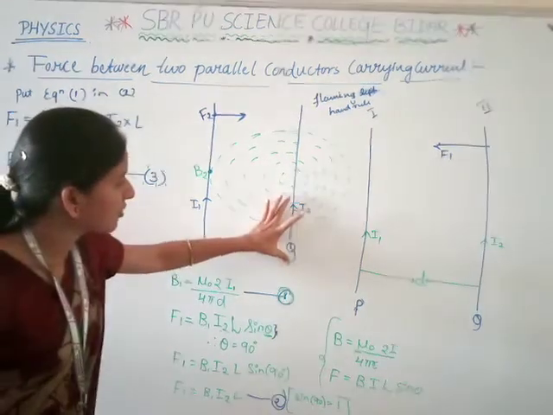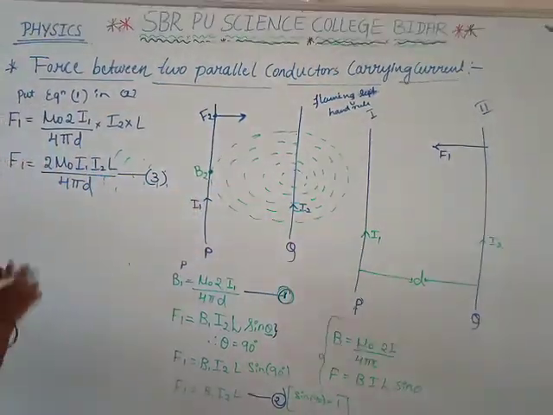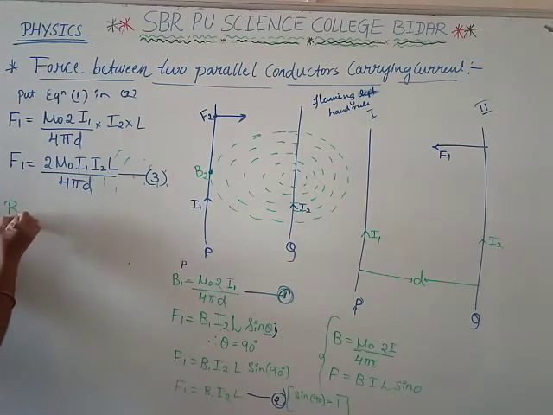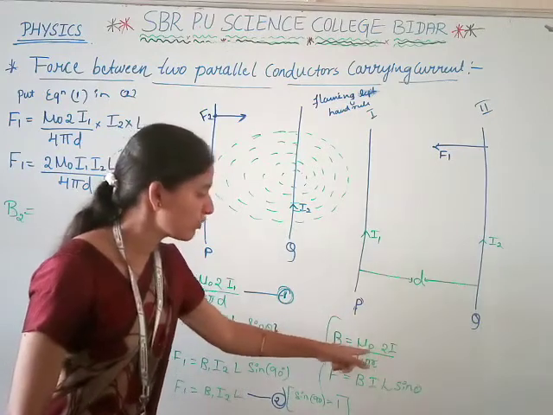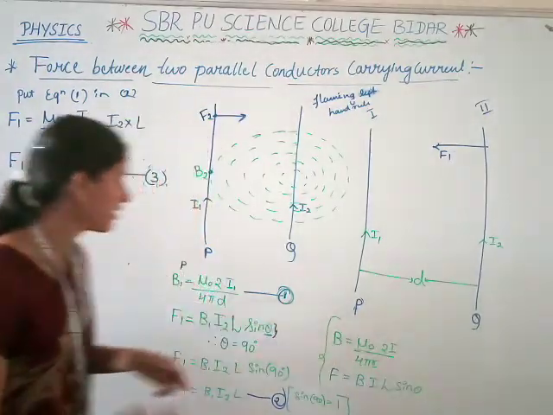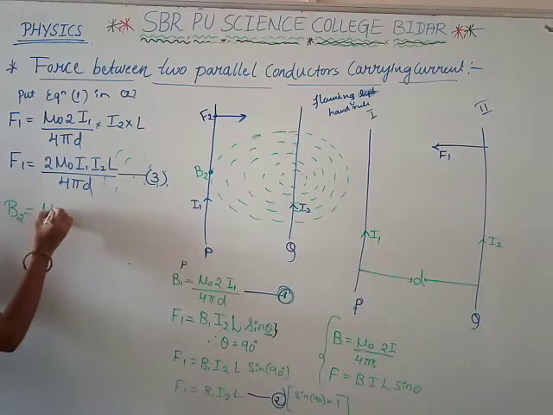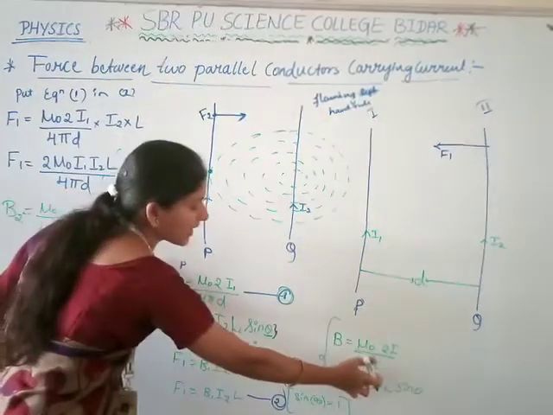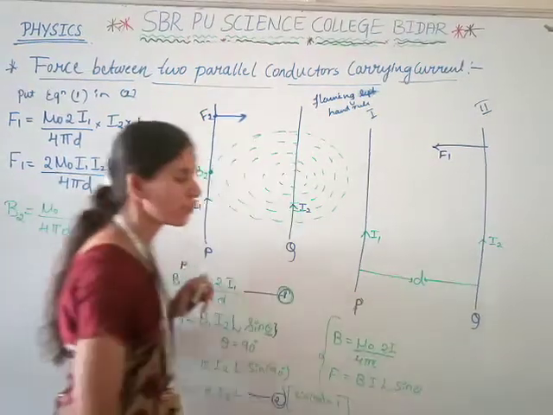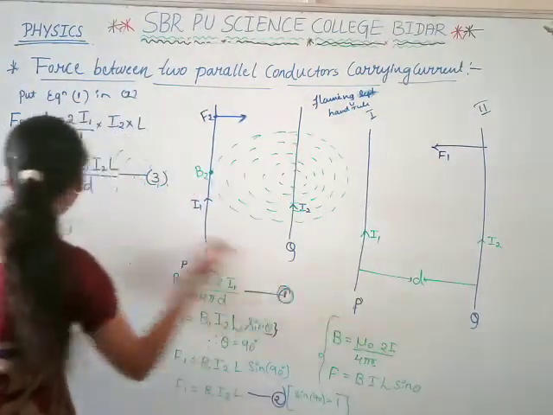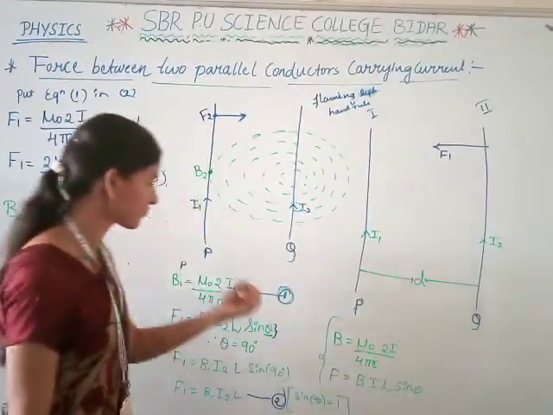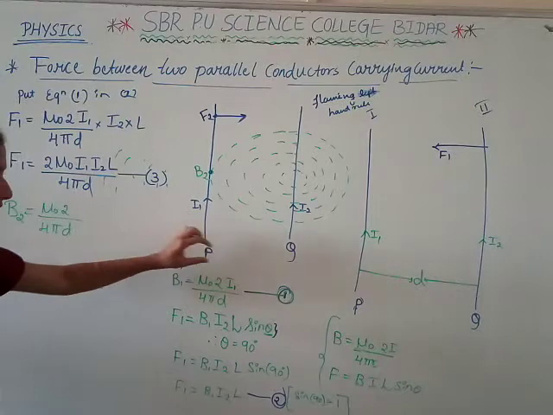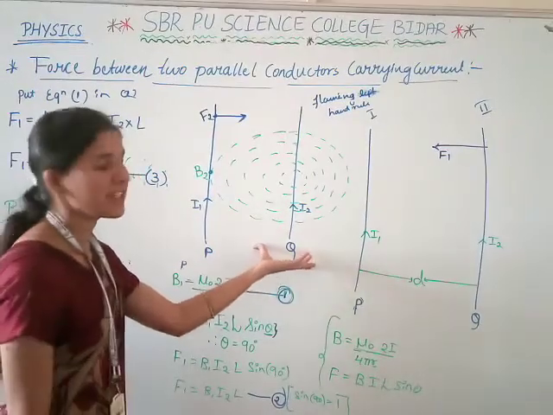Therefore, when conductor Q is used, the magnetic field B2 is equal to, we know the general equation, B is equal to mu naught into 2I divided by 4 pi, that is mu naught divided by 4 pi. In the presence of R, we are taking d, where d is the distance between the two parallel conductors, with mu naught into 2 into I as the current. Now, which conductor are we considering?